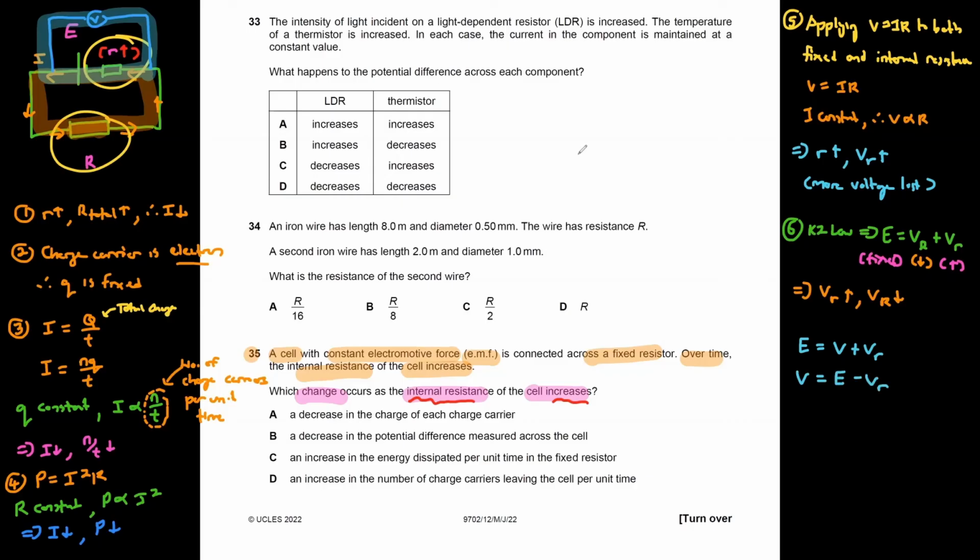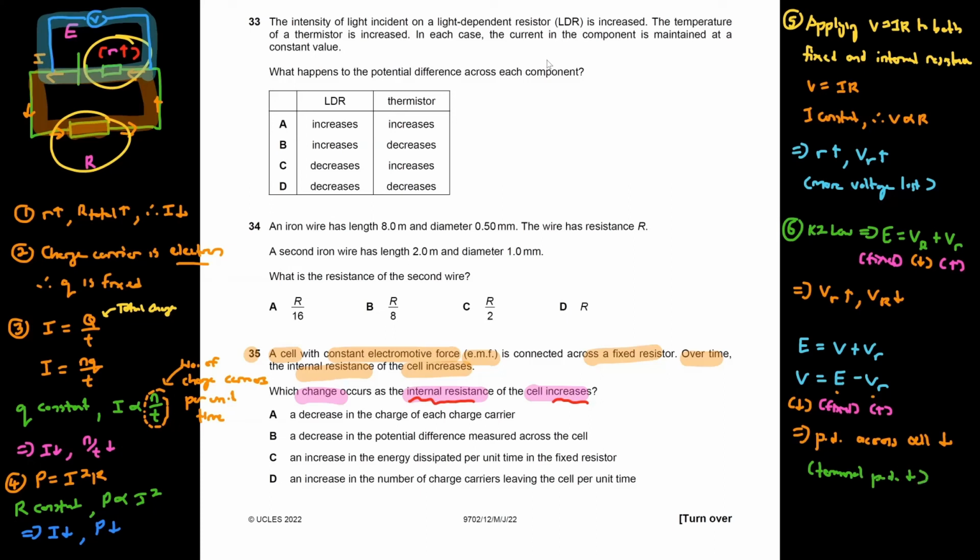So in your case, if your EMF is fixed and your voltage loss is already known to increase, what will happen to your voltmeter measurement? Your voltmeter measurement would decrease here, because right now you're having a fixed value subtracting a larger value. So whatever remains would definitely be smaller. So in your case, you can actually say that the PD across the cell decreases. In other words, the terminal PD decreases.